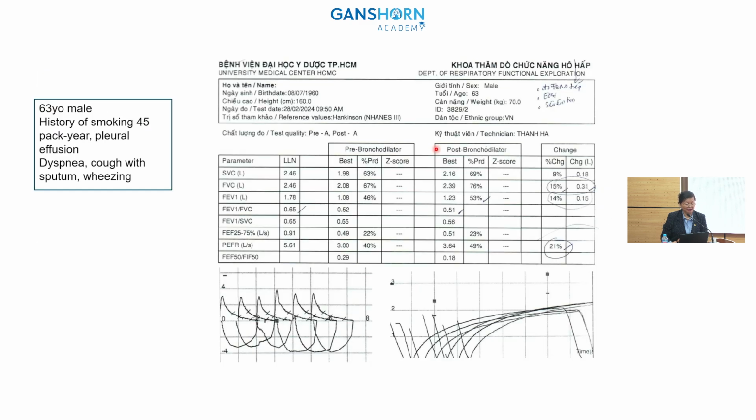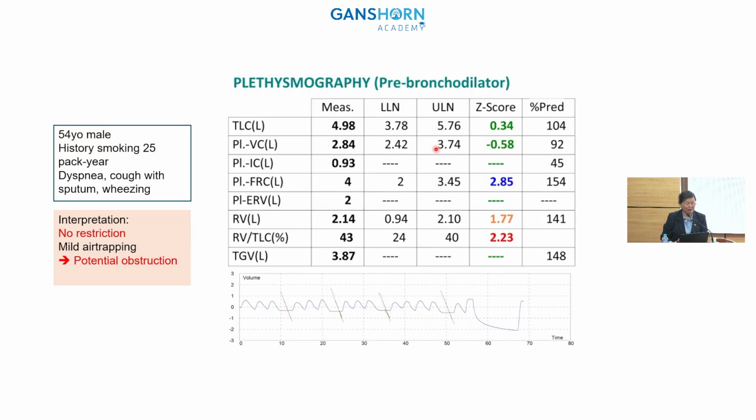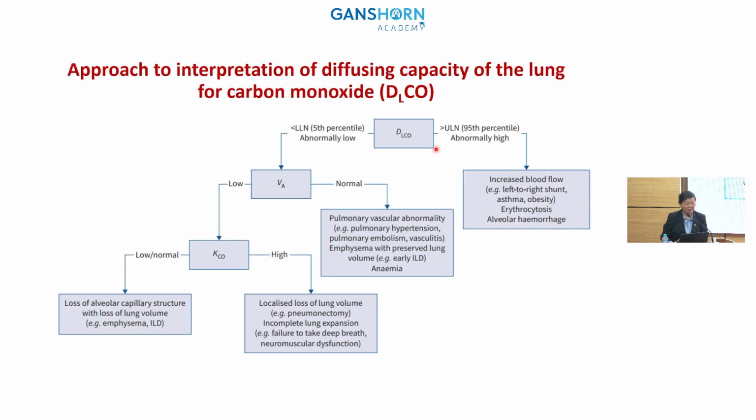Because if we look at the interpretation of the DLCO, we will see that it is abnormally high. So he has asthma. It's so important to go to the box, please.